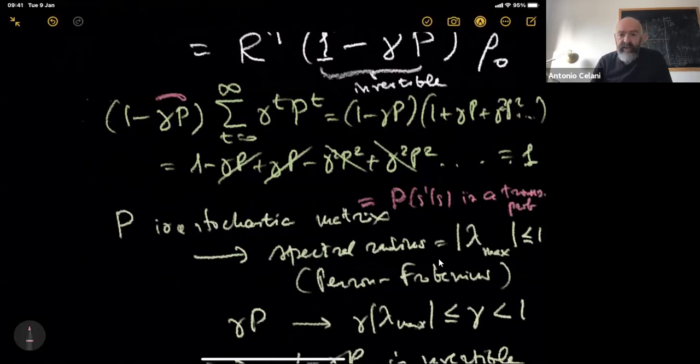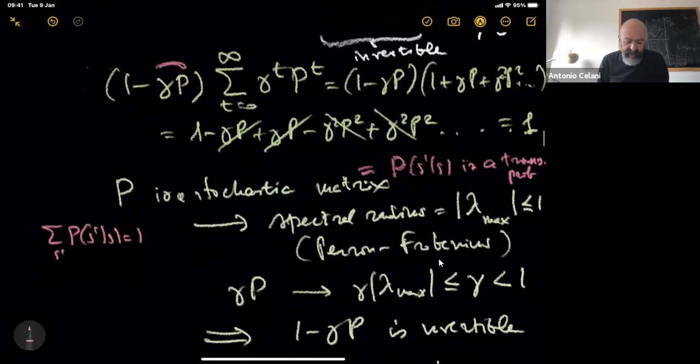What does it mean that it is a transition probability? It means that the sum over S' of P_{S'S} is always equal to 1, because if I start from one state, I must end up somewhere. There's no disappearance for my P matrix. And then all the P's, no matter what S' and S you have, must be positive. It's a probability. Every time your matrix satisfies this condition, it's called a stochastic matrix.